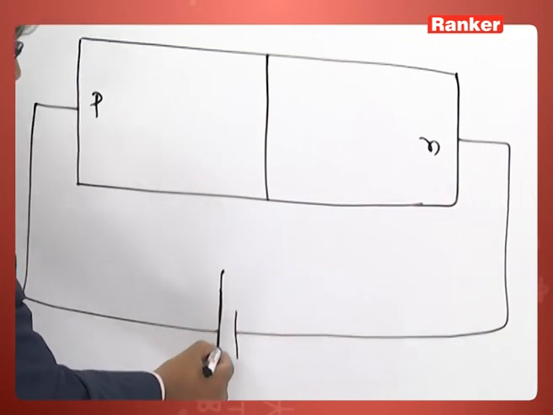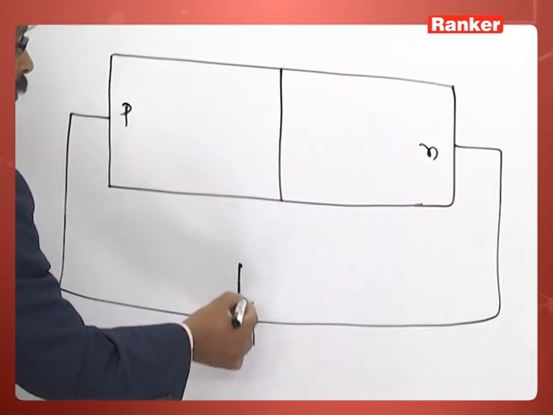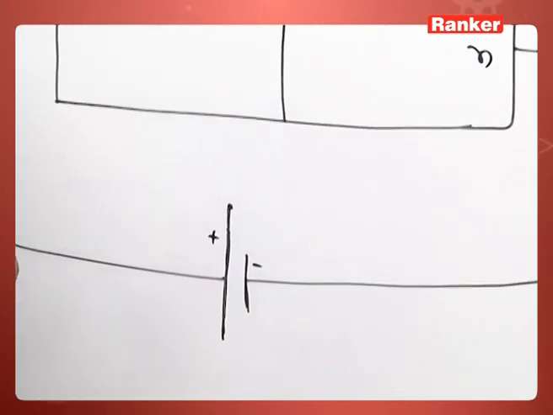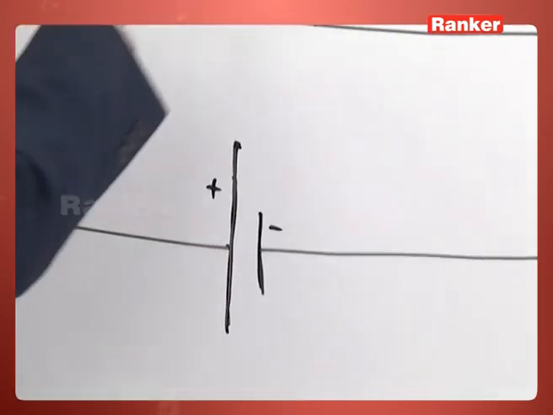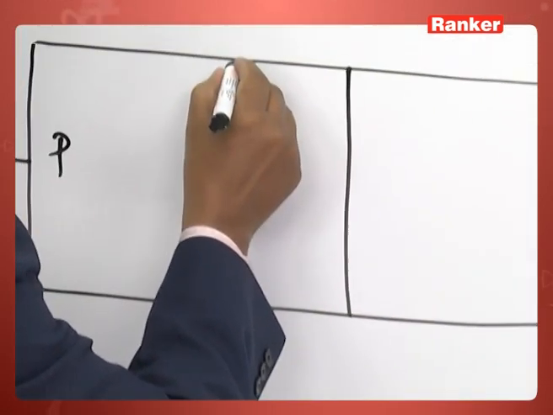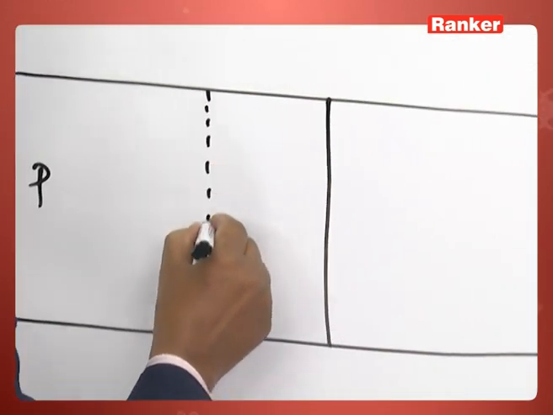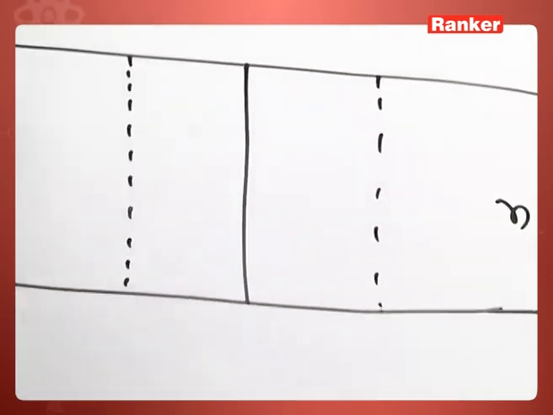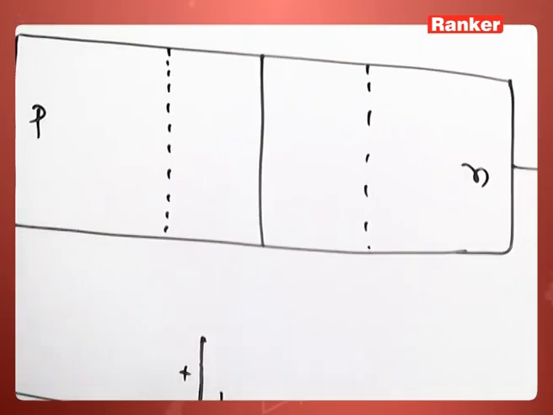This is the representation of a cell. This longer line means this is the positive terminal and this is the negative terminal. This dotted one is the initial depletion layer.